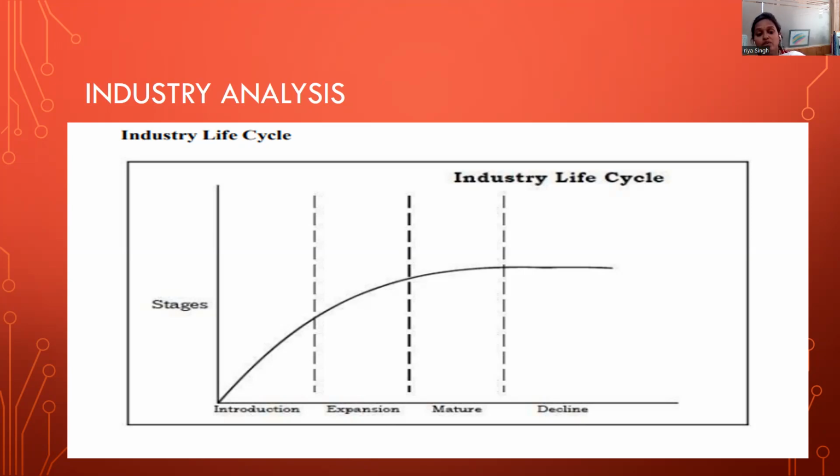Then only we should invest in the introduction stage. If the company has grown after that, you will have a very good rate of interest. Otherwise, your money will be gone if the company has wound up. So this is the full analysis that we should do in the industry.